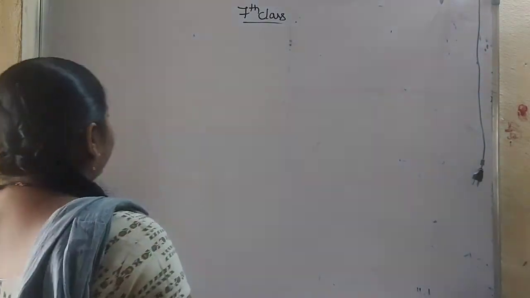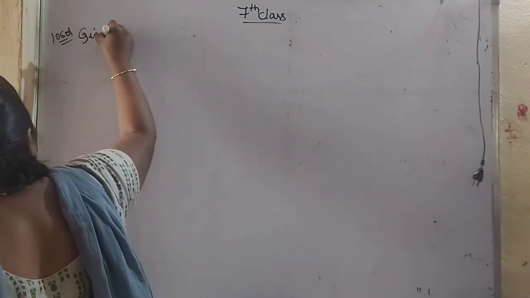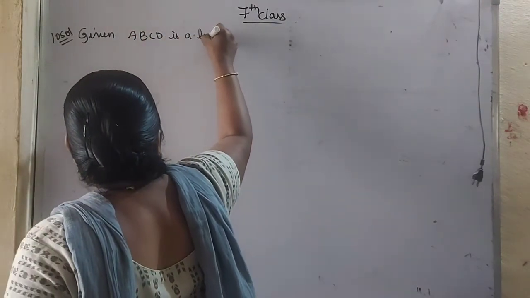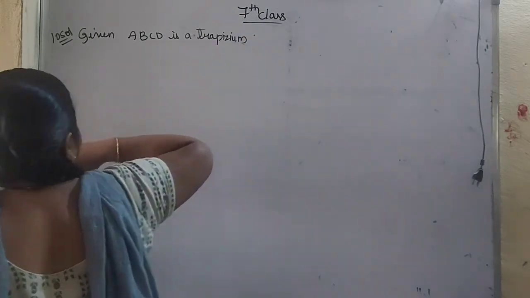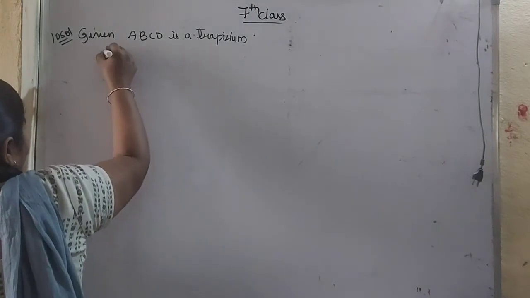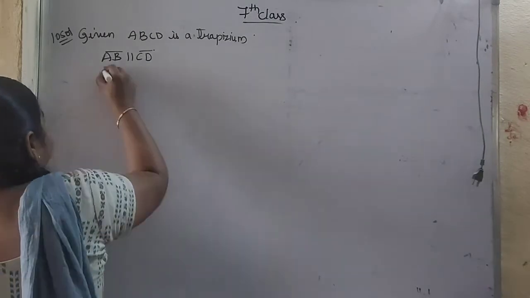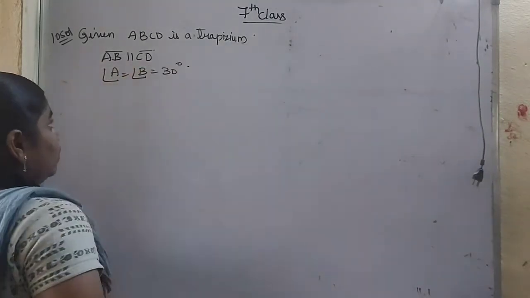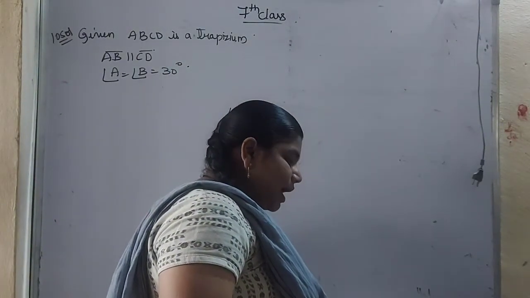So here they have given ABCD is a trapezium, AB line segment is parallel to CD line segment, and angle A is equal to angle B is equal to 30 degrees. Now we have to find the other angles.